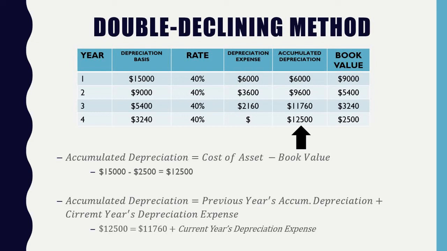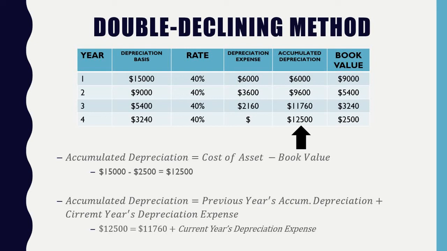What I know the most is that accumulated depreciation is going to be the previous year's plus the current year's depreciation expense, right?